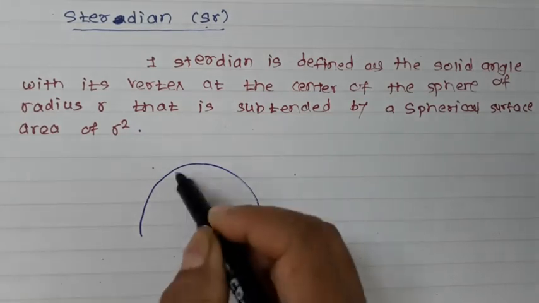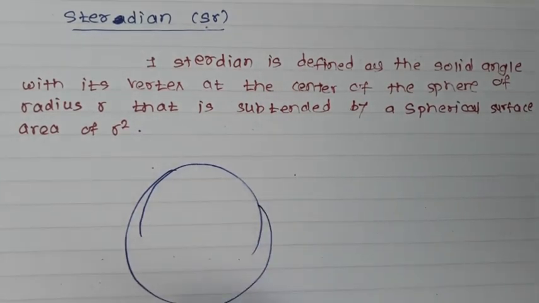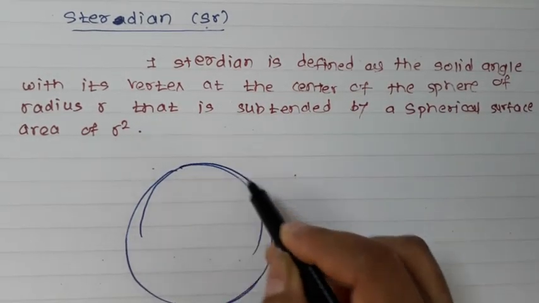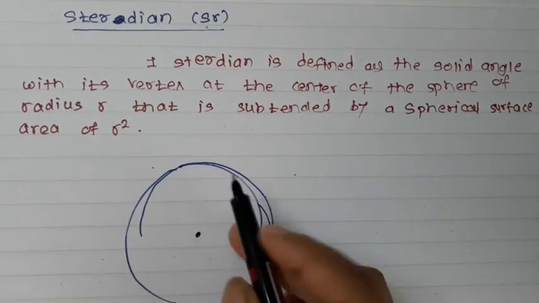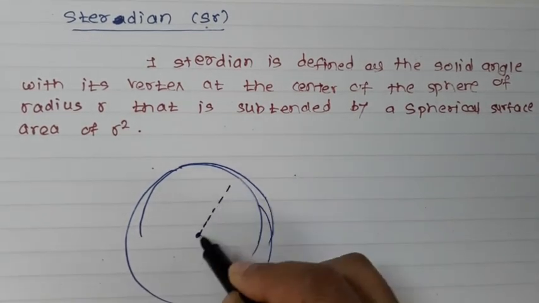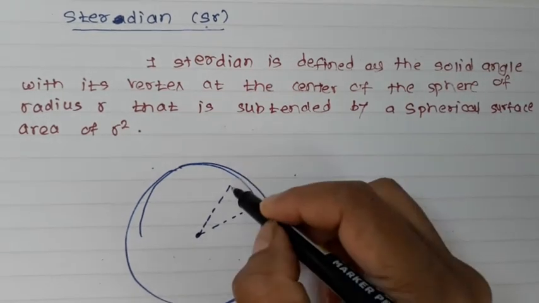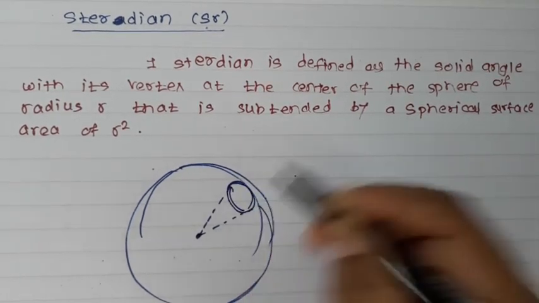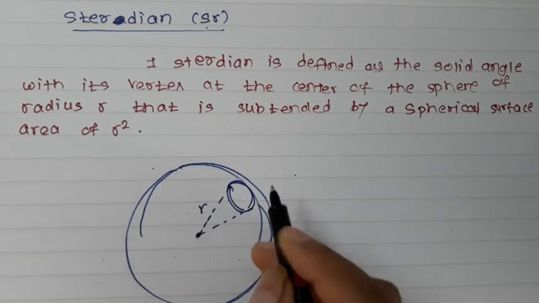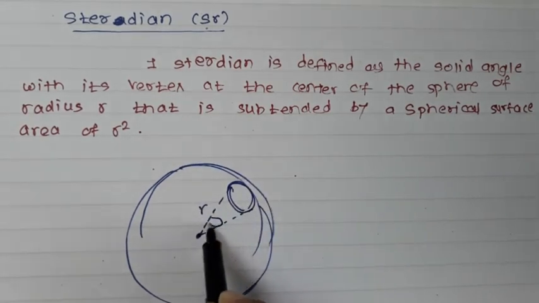This is the sphere which we have seen in the isotropic antenna radiation. Suppose I have the antenna over here, this is the angle, and this is the radius r, and this angle will be called the steradian.